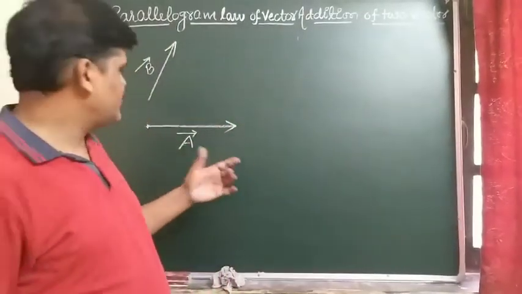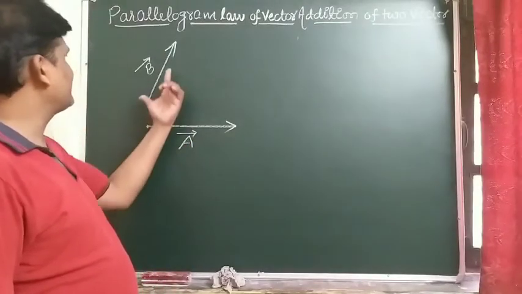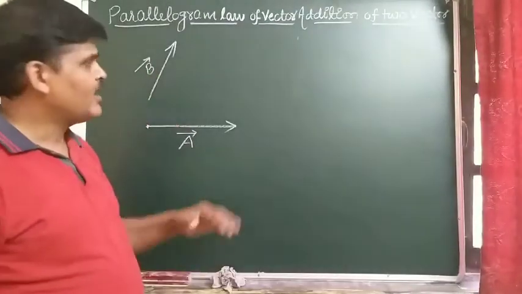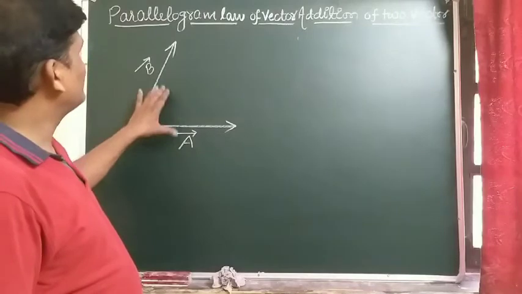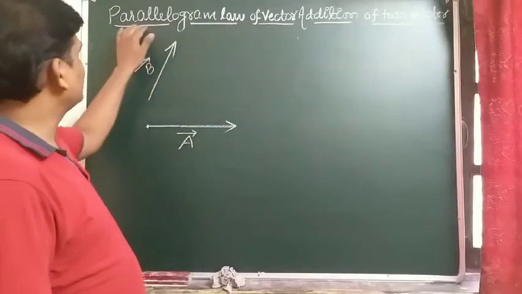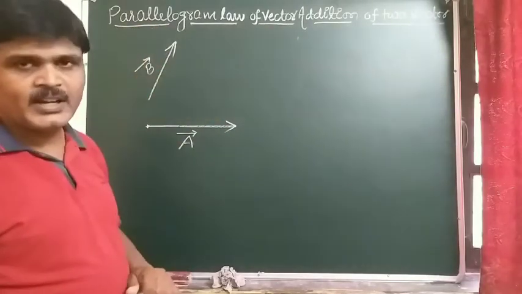Here two vectors, vector A and vector B, are given, and we have to add them by using the parallelogram law of vector addition.